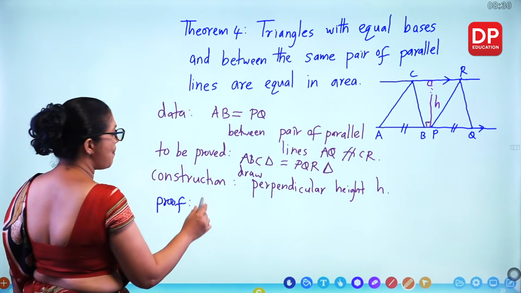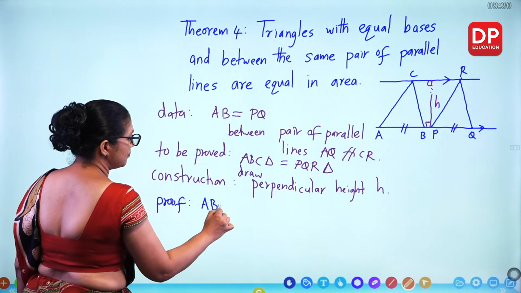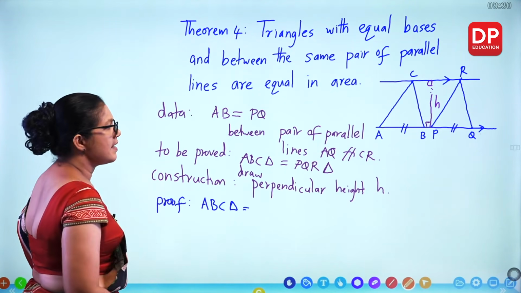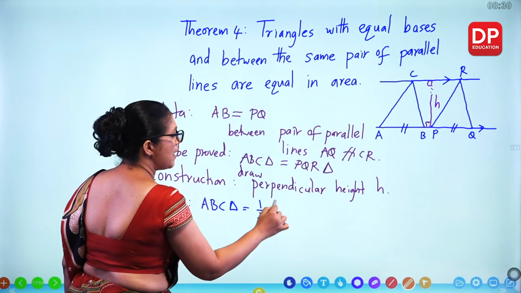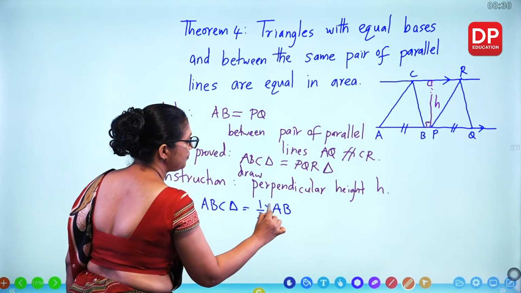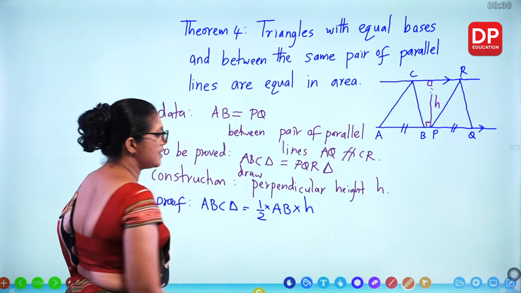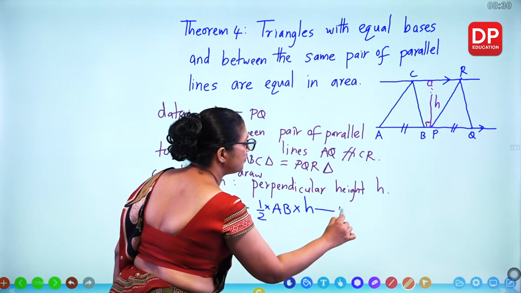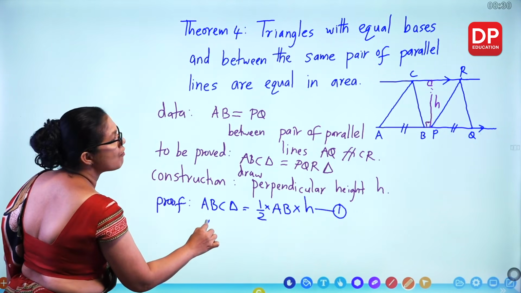Now I need to find out the areas of the two triangles. What's the area of ABC triangle? Area is half times base is AB and the perpendicular height is H. What's the area of PQR?